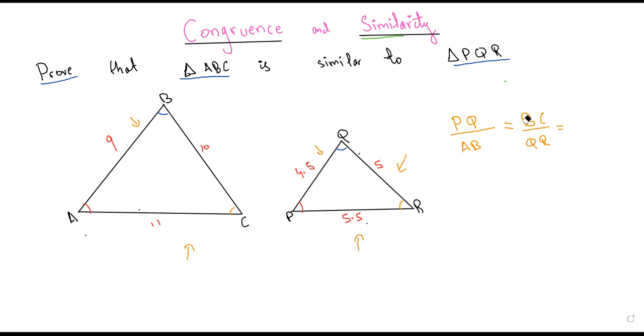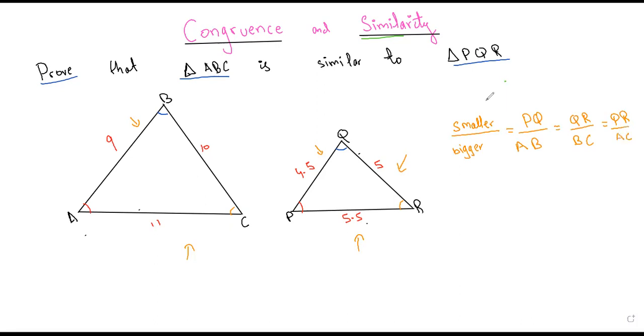So there's a problem. I need to fix the sides. Okay. So I'll do it this way. Smaller triangle divided by the bigger one, right? And you can do it other way around as well. That's completely your choice. So PQ divided by AB should be equal to QR divided by BC, and that should be equal to PR divided by AC, right?